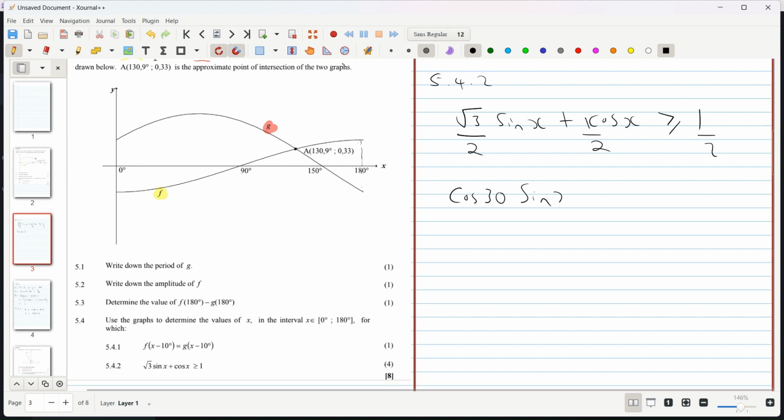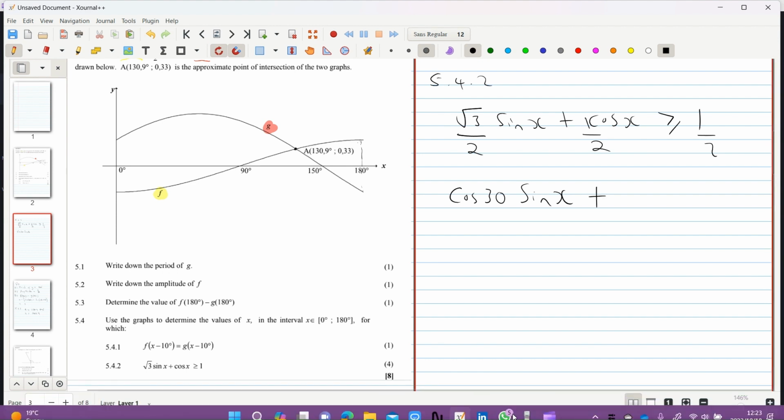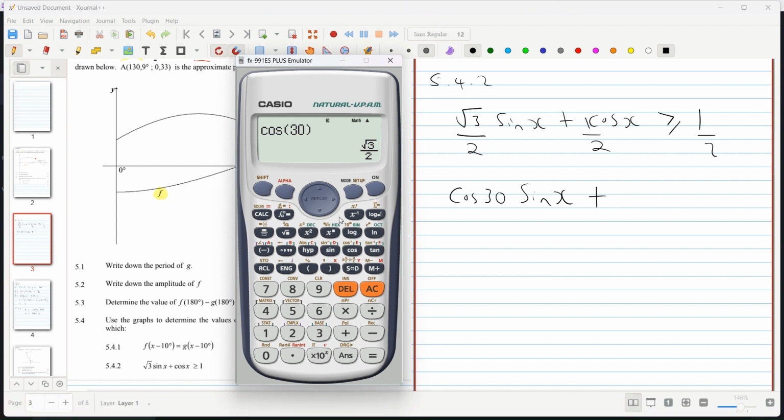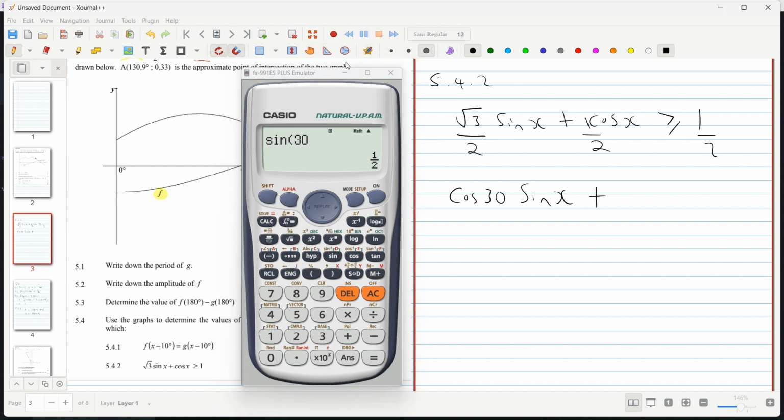sine x. And then this half is also a special angle. If it's a special angle, let's see the sine. What about sine 30? Sine 30 will give us half.